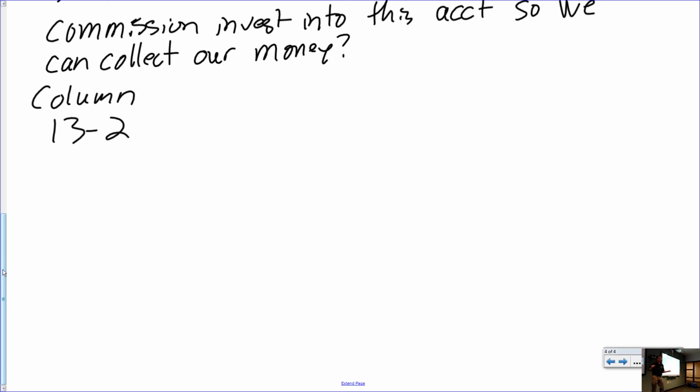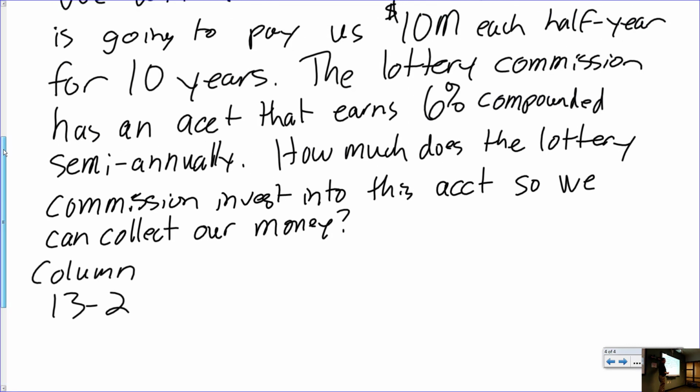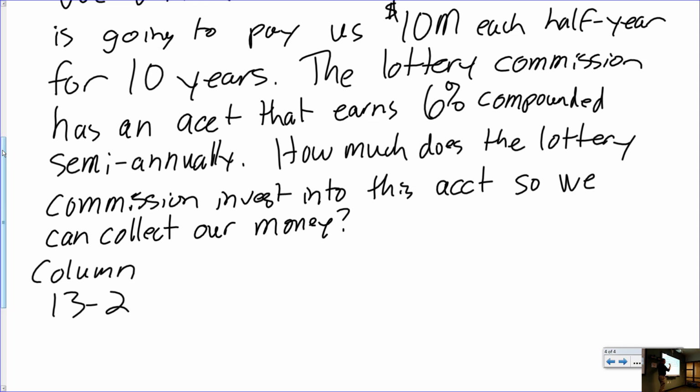And note, this is one of the things that you have to do when you read the problems in Chapter 13, is decide which of the 3 columns in Chapter 13 you are going to use, 13-1, 13-2, or 13-3. If someone is getting payments, folks, getting paid, 13-2, okay?